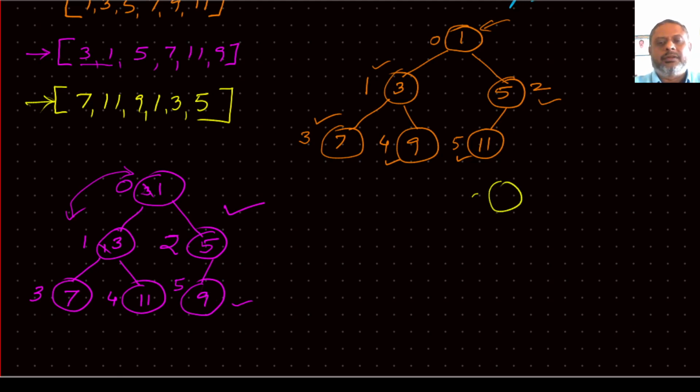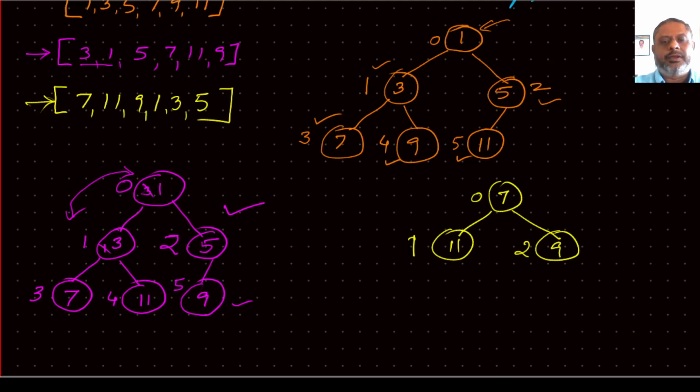So 7 comes to the first place, and then second place occupied by 11. So 7 is a parent, 11 is a child, no issue. Then third position, that is position 2 occupied by 9, 7 parent, 9 child, no issue.